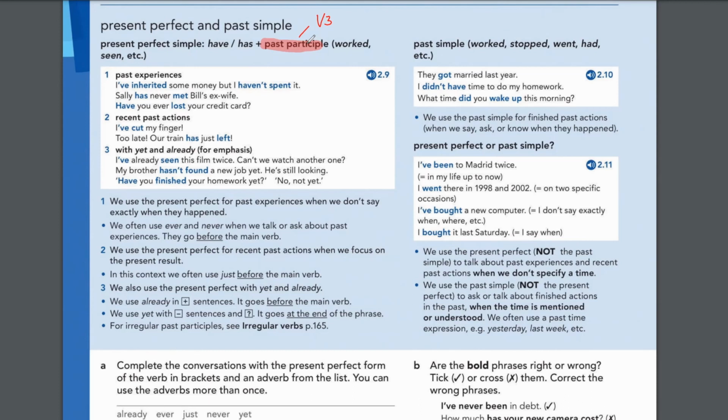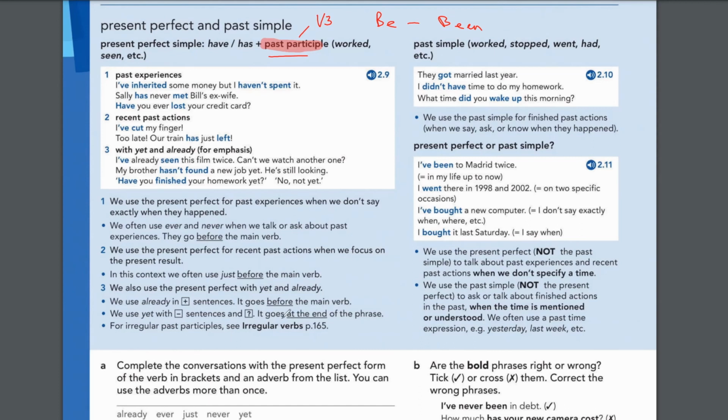The verb 3 of be, for example, is been. Go becomes gone, as I said. Sell becomes sold. So how do I know them? In this respect, we have regular and irregular verbs when we talk about verb 3.